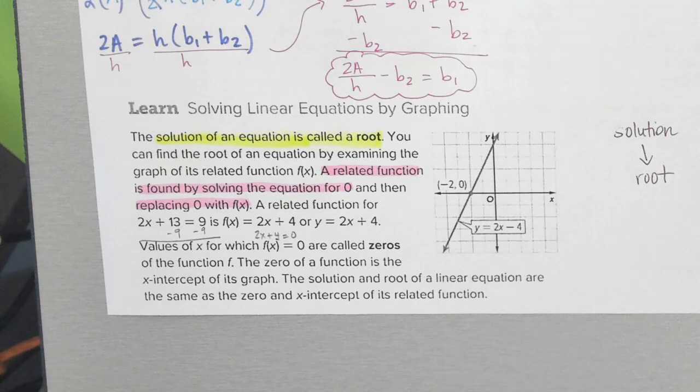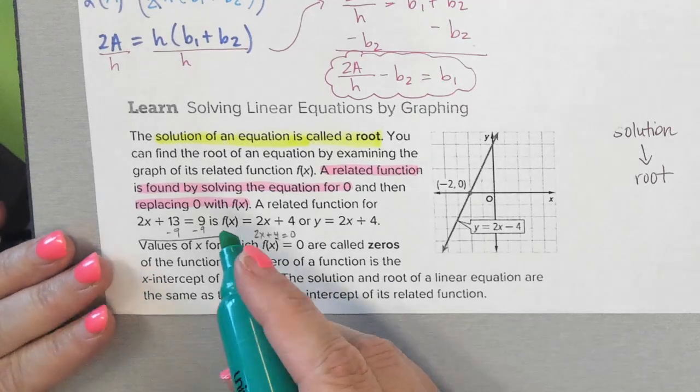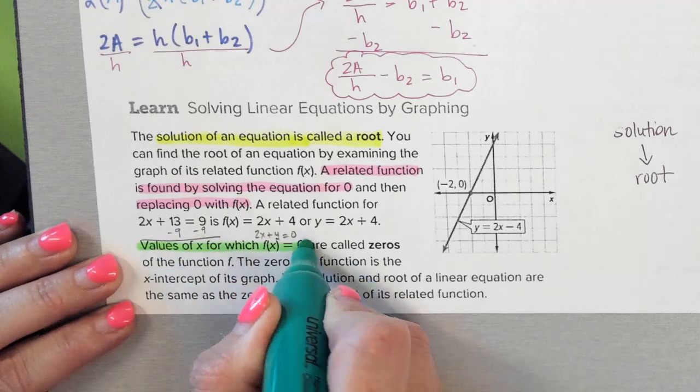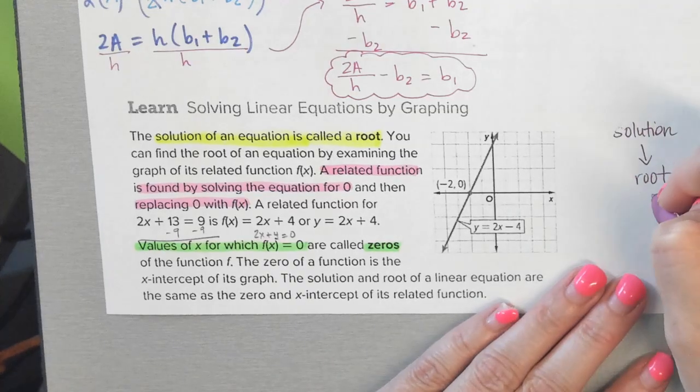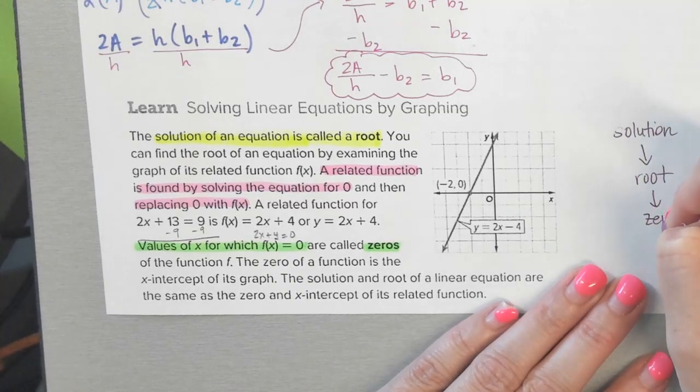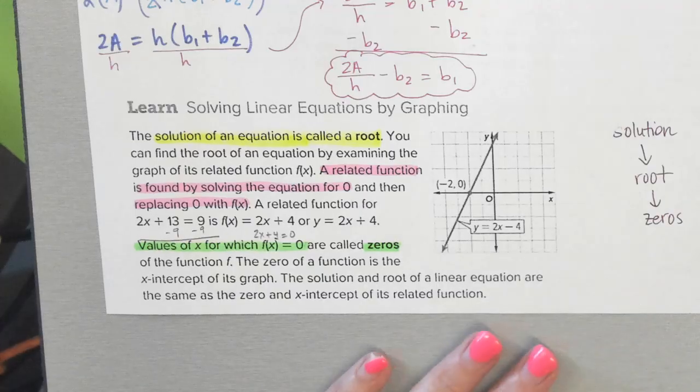Okay, speaking of 0, that is another name for your solution. So the values of x for which f of x is equal to 0 are called zeros of the function. So we're going to add that as another way we can be asked to solve. So if they say the solution, the root, the zeros, those are all the same.